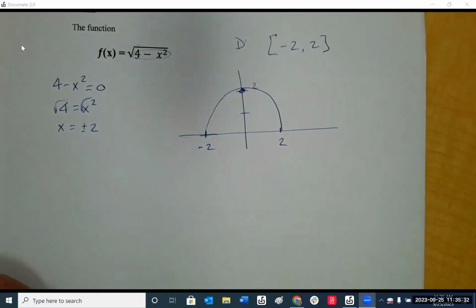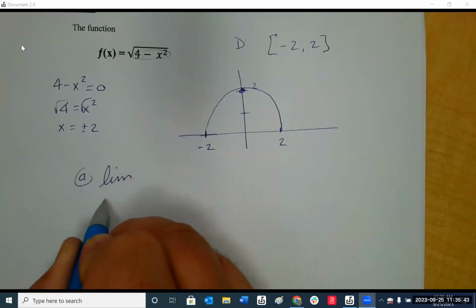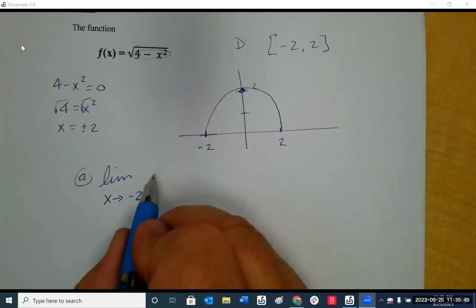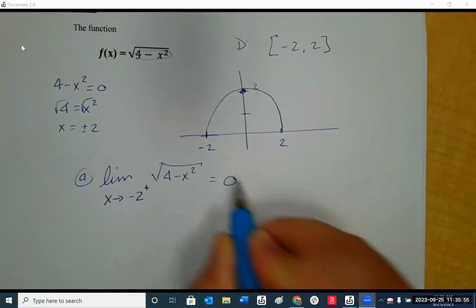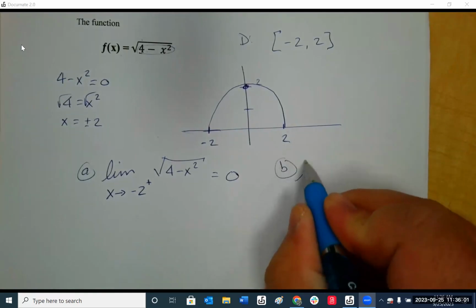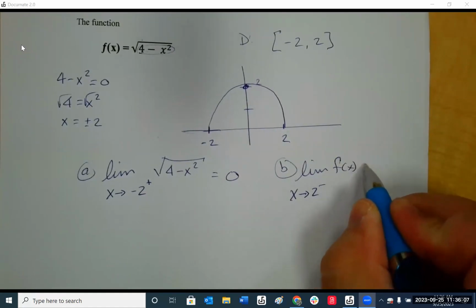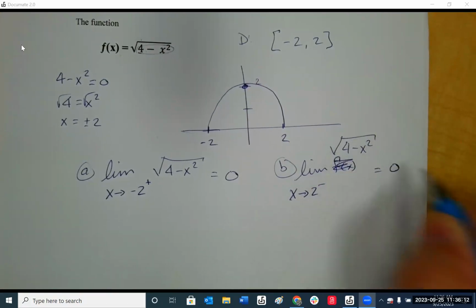So what about continuity? We have to do the limit as x approaches -2 from the right of our function, which equals 0. The limit as x approaches 2 from the left also equals 0.